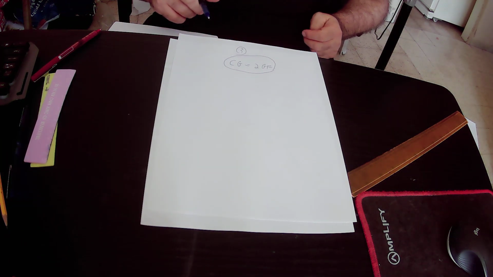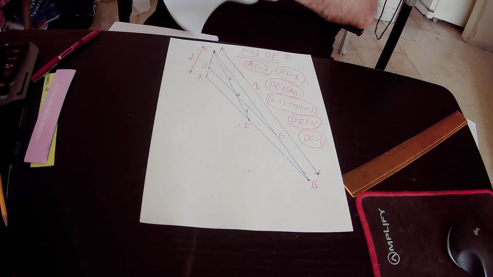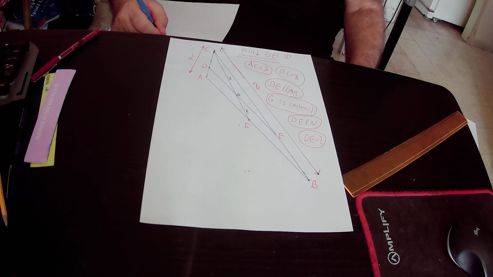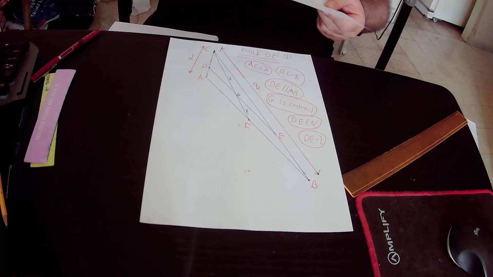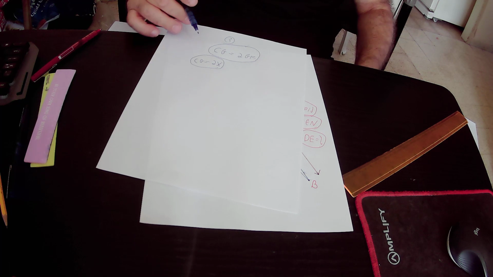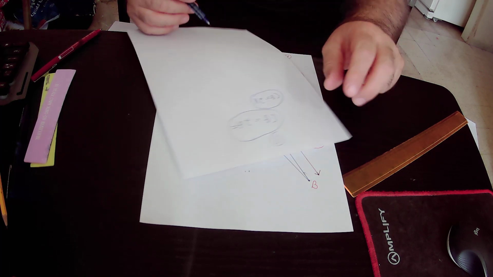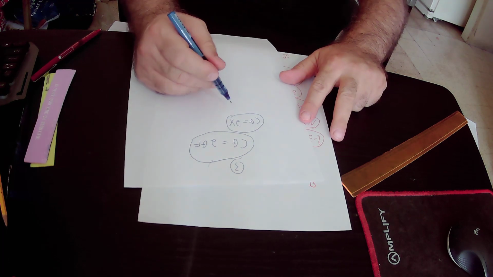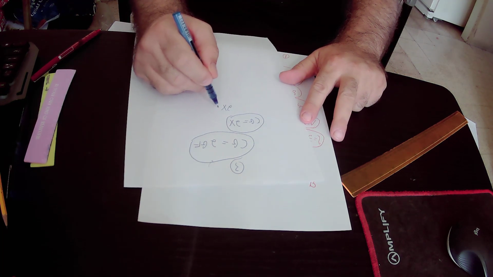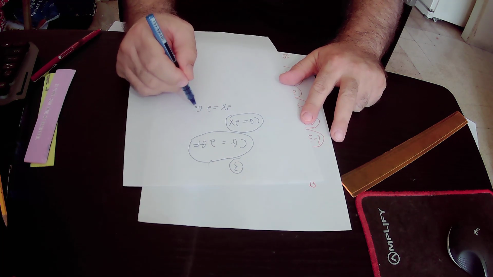And if we define CG as 2x, that is to say, if CG equals 2x, so we can substitute CG in this equality by 2x. We will get that 2x equals 2 times GF.